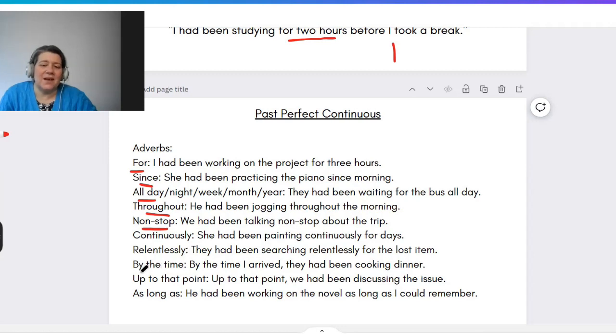relentlessly. By the time I arrived, they had been cooking dinner. Okay, here we have it again. The past tense and the past perfect continuous. Up to that point, we had been discussing the issue. As long as he had been working on the novel as long as I could remember.